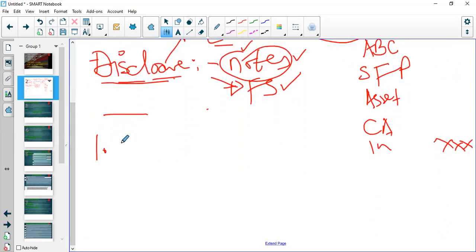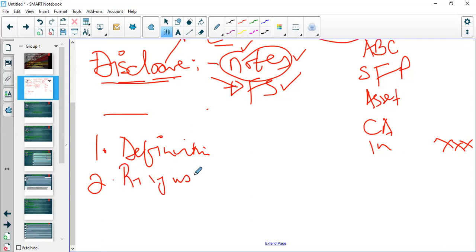The first step is whether an economic phenomenon meets the definition of one of the elements, right? And if it does meet the definition, then we have to ask ourselves if we should recognize that. So we will explain to you the various definitions and the recognition criteria that is used.